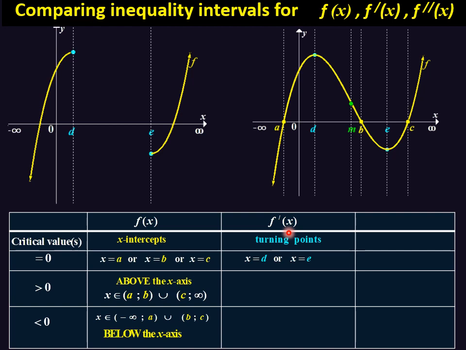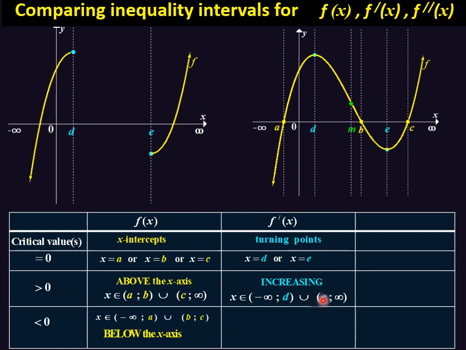Now, first derivative greater than 0 actually means, where's the graph increasing? There's the increasing part, and always work from the left side. Increasing there and then increasing there. You can see it increases from negative infinity to D and from E to infinity. You see I've used that symbol there. That's a mathematical symbol that means or. In mathematics we always try to write symbols so we're not restricted to a specific language.